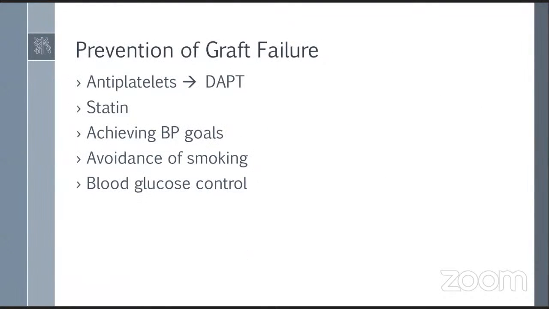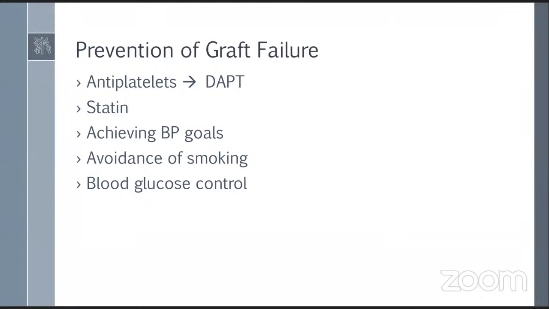Now, methods or ways to prevent graft failure, or to at least slow the process of graft failure. First is the use of antiplatelets. Dual antiplatelets is one way, but the most important medication is aspirin. Aspirin was proven to reduce the risk of graft failure, with a 41% reduction of SVG graft failure.